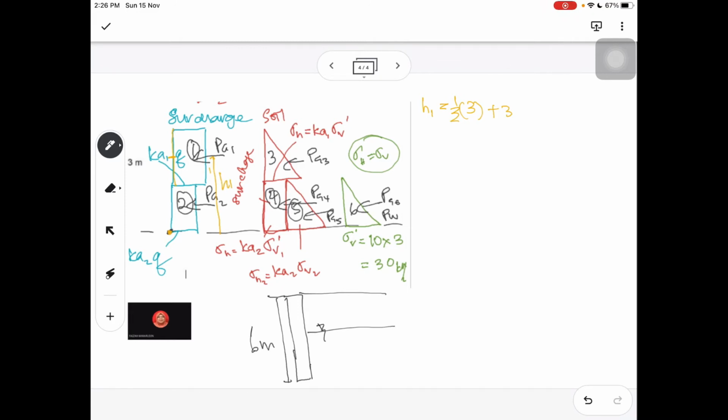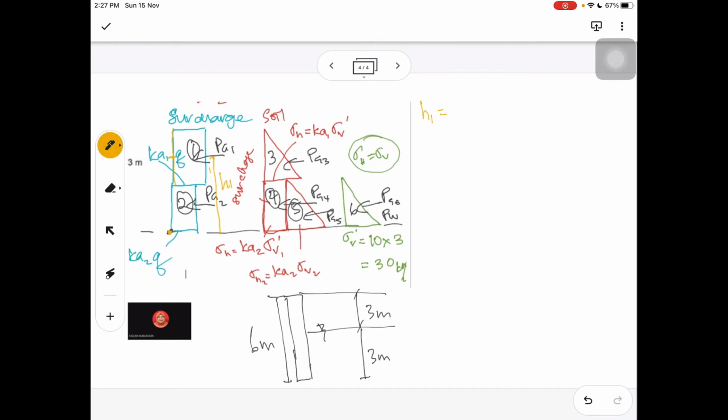This is the groundwater level, so this is 3 meter, and this is also 3 meter. So H1 is the height for PA1, from the PA1 force to the bottom of the wall.